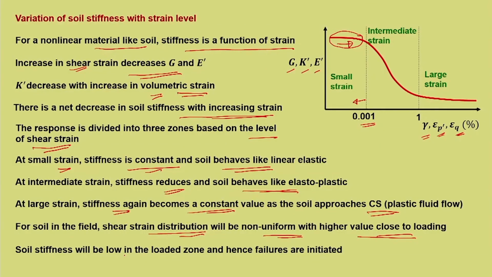So, closer to the loaded points the stiffness will be less compared to other parts of the soil, and that is how failure zones or failure points start generating from a given zone. Soil stiffness will be low in the loaded zone, and hence failures are initiated. So, that is all about prediction based on MCCM.